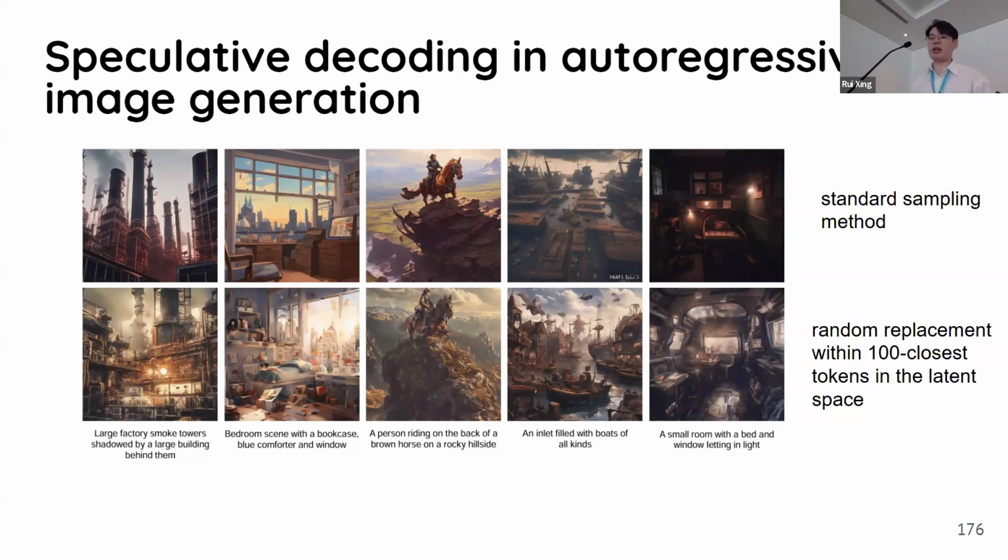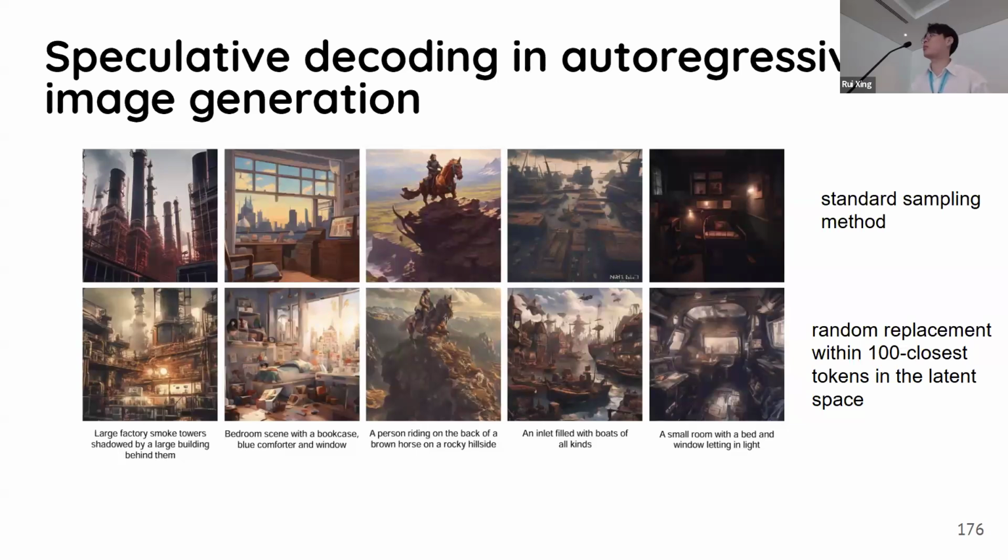Is there a large change in the quality of the results? Actually, we can't sense it with our eyes. So this shows that a slight change in the latent visual tokens does not significantly affect the outcome.